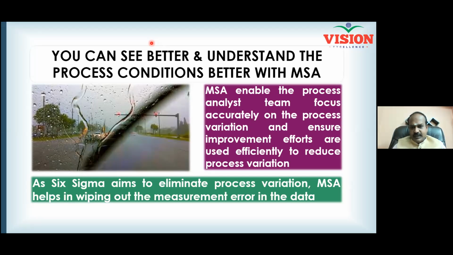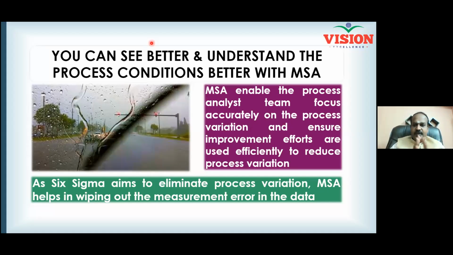We try to eliminate or at least control the error, and thereby we will be able to see the problem. It's like, suppose you are driving the car. If it is raining, what will happen? The water droplets will hide the road. Now what will you do? You switch on the wiper. When you switch on the wiper, it cleans the windshield, and now you will be able to see the road.